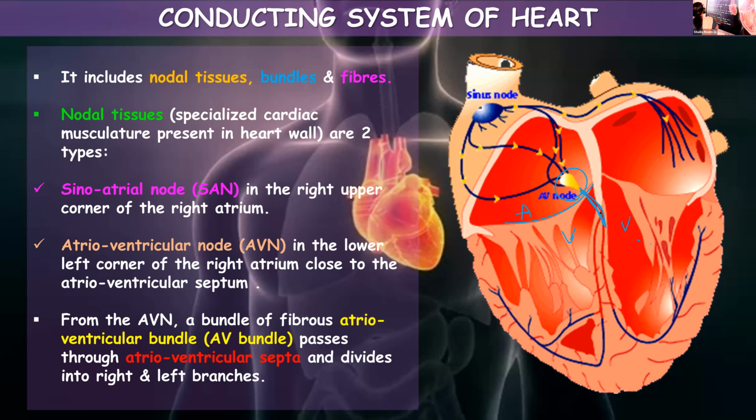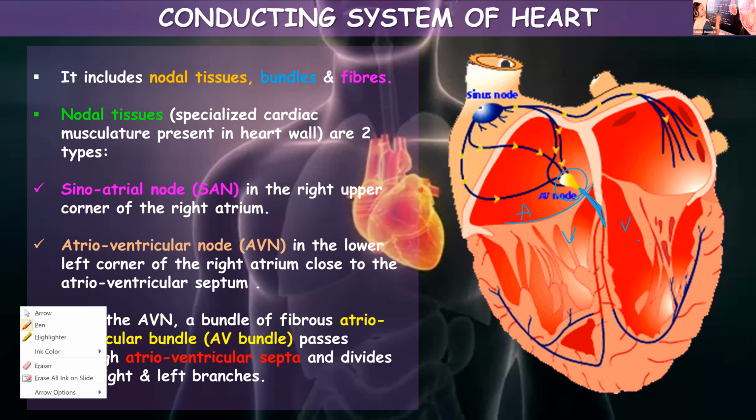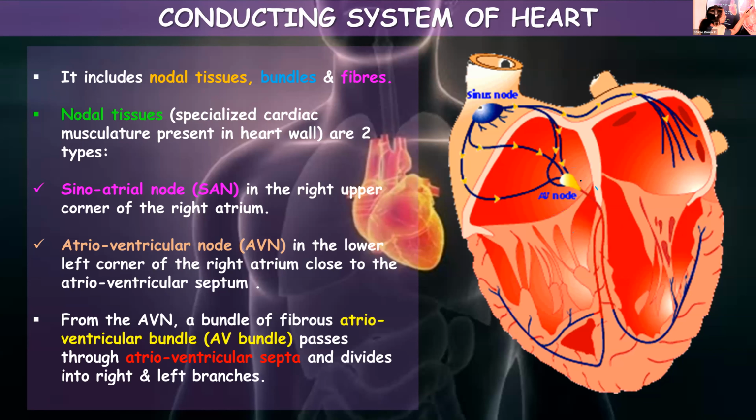You can see here, it is passing through the atrioventricular septum and emerging on the top of the interventricular septum. Then they will get divided into right and left branches.